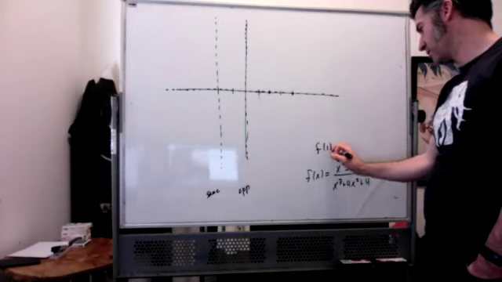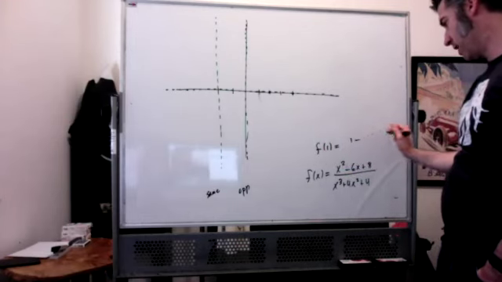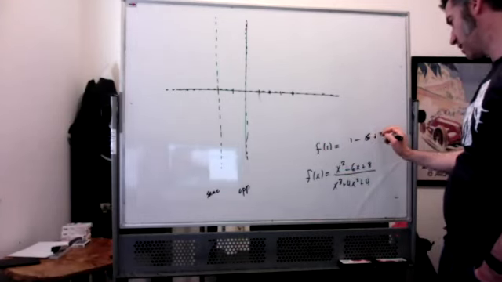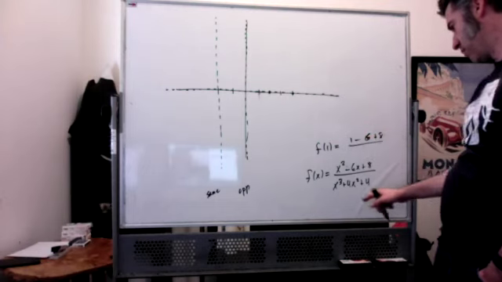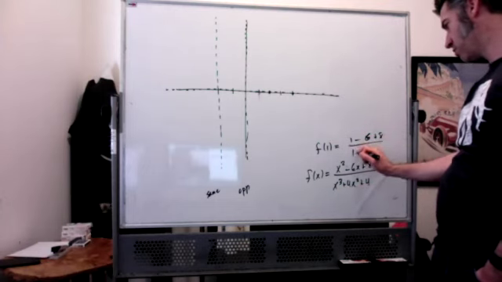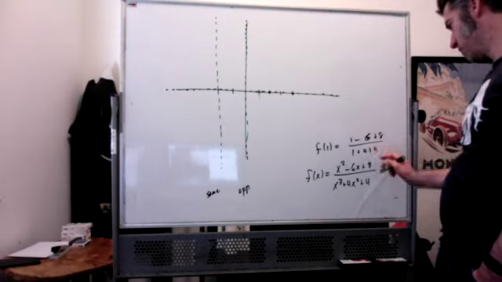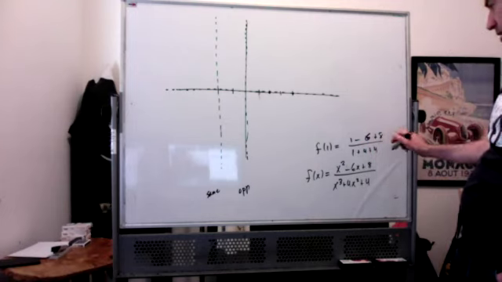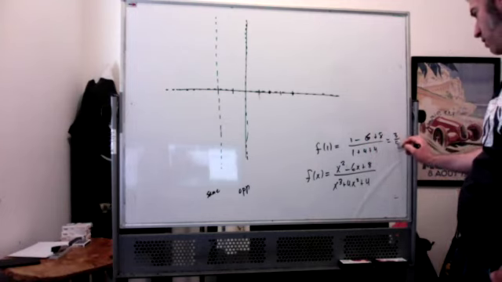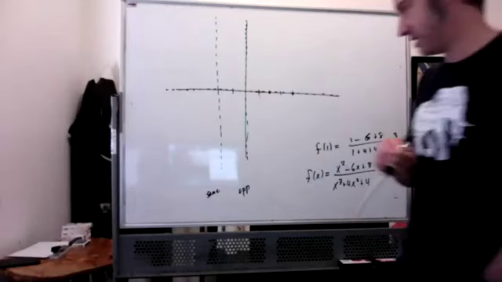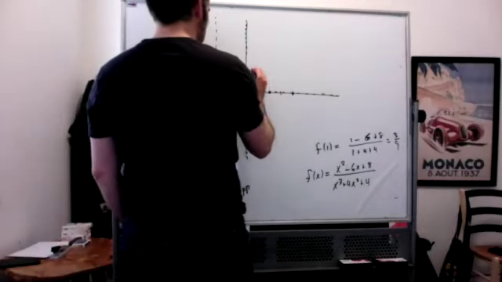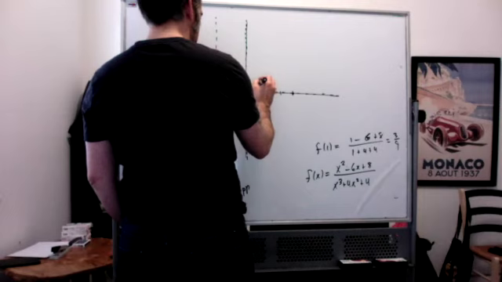F of 1 is going to be 1 minus 6 plus 8 all over 1 plus 4 plus 4. Which is going to be, let's see, -5 plus 8 is 3 over 9. So 1/3, so positive. So at 1, we're getting a positive number.